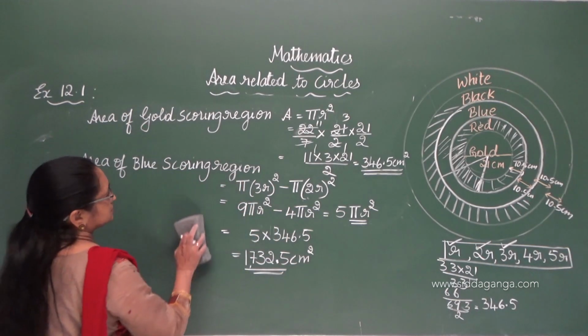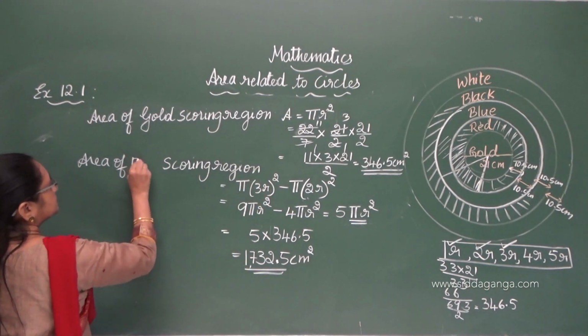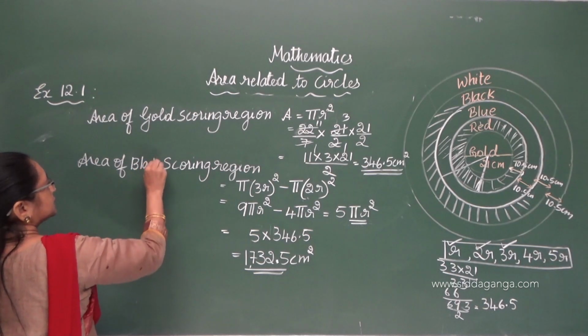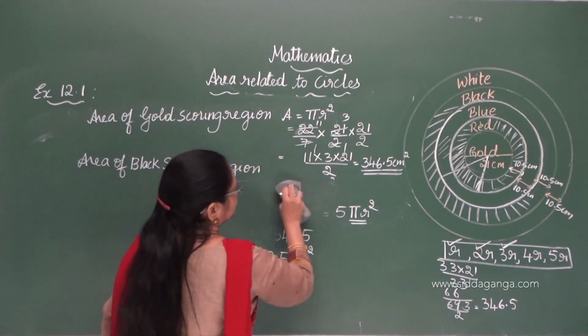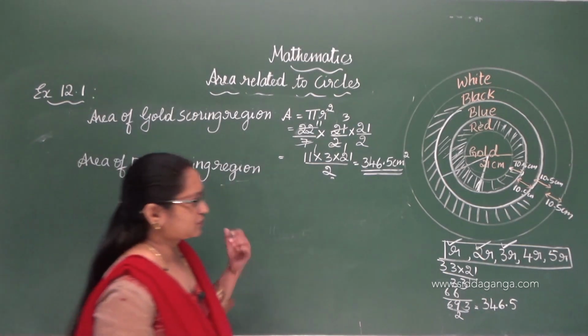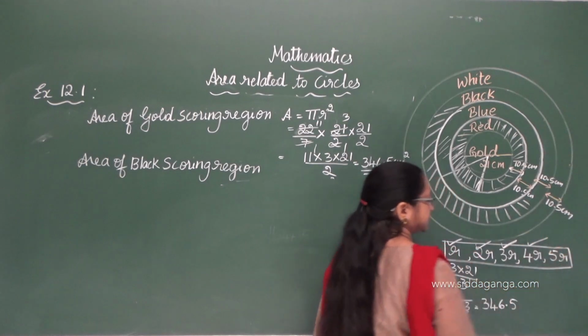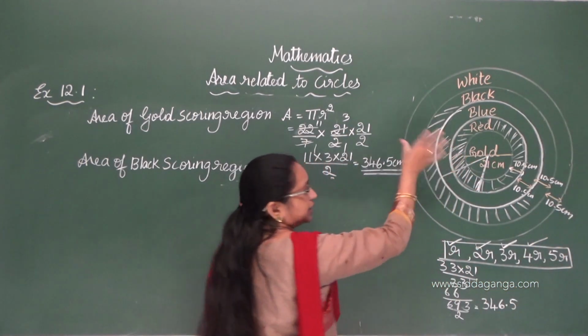So next, let us do the black color. For black color, which is the radius? 4r is the radius, including gold, red, blue and black.